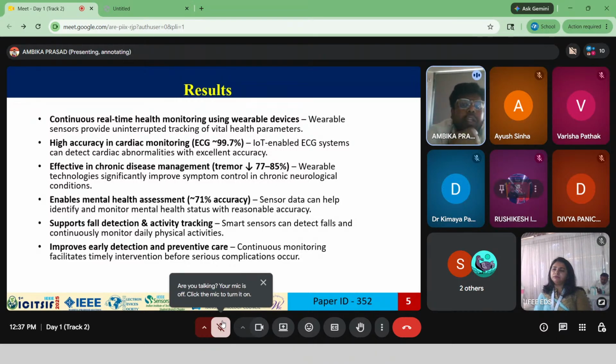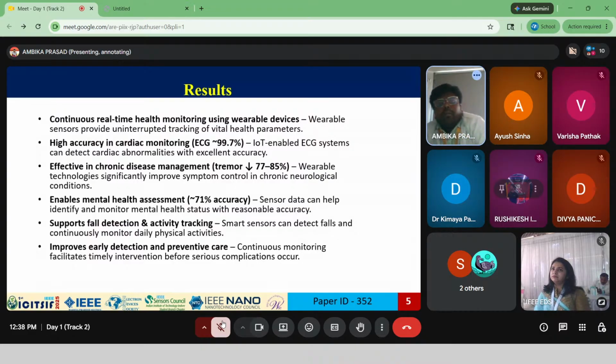IoT-enabled ECG systems can detect cardiac abnormalities with excellent accuracy. In chronic disease management, like tremor or essential hypertension, the symptoms reduced by 77 to 85%. Wearable technology significantly improved symptom control in chronic neurological conditions.